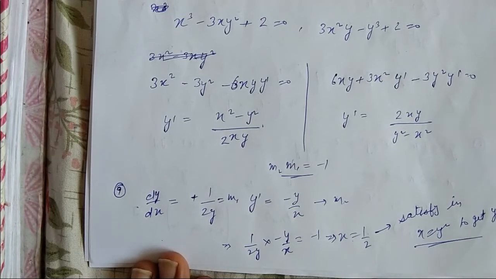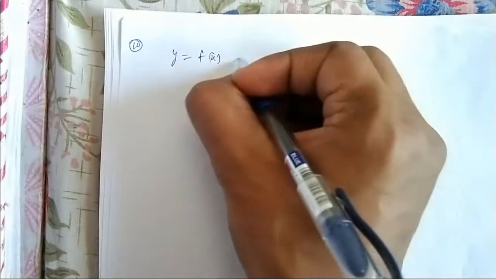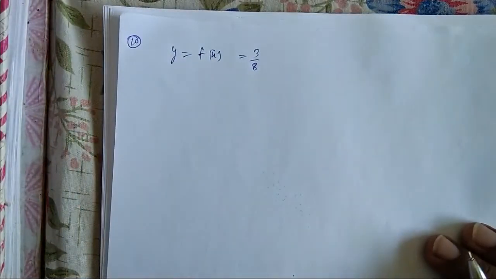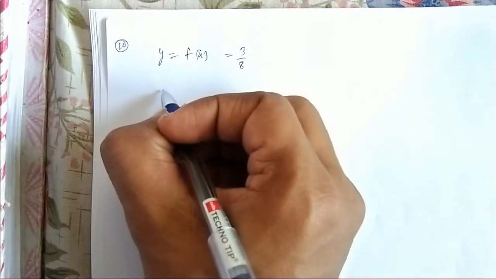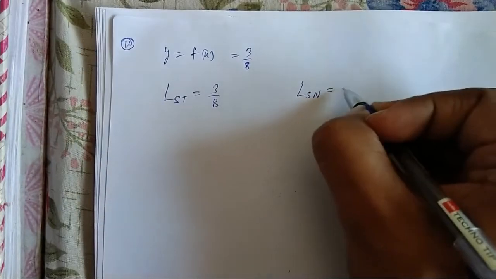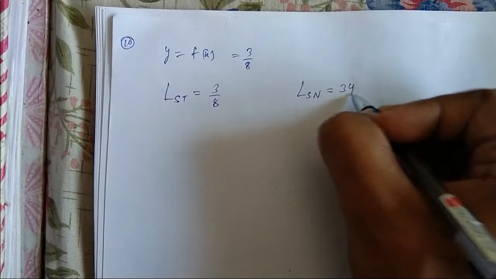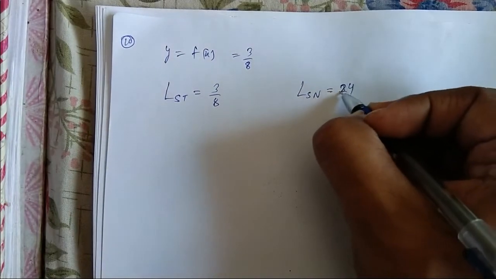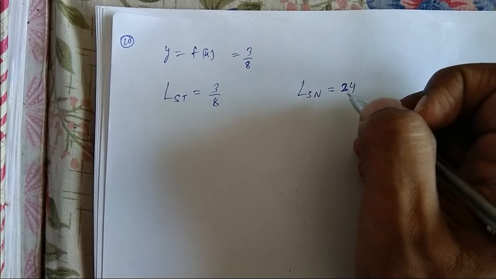Moving on to the next question, question number 10. The length of the subtangent at a point y is equal to f of x is equal to 3 by 8, and the length of subnormal is 24.